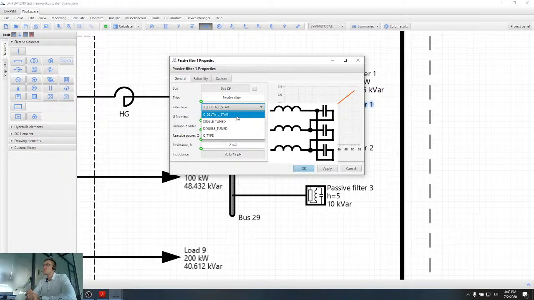So you either need to use a transformer or connect capacitors in series in order to reach this high voltage level. In our software you can do this connection. Technically you have to check with the manufacturer if they are willing to manufacture a filter at this high voltage.